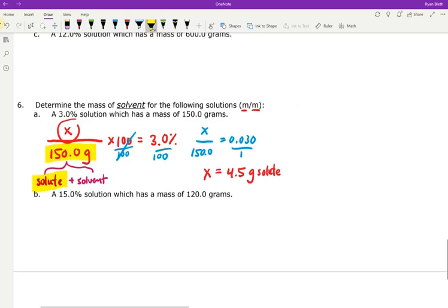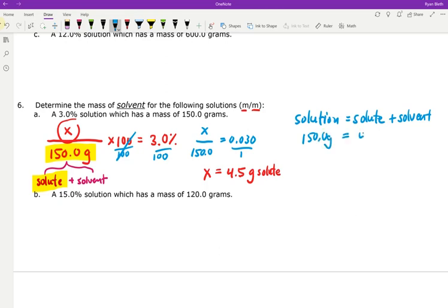And so if I think about my definition from back in the notes at the beginning of this unit, solution equals solute plus solvent, taking the definition from our notes and turning it into an equation, then I can say that 150 grams equals what we just calculated, 4.5 grams, plus the solvent, which is the part that we're interested in here for question 6. And then to solve it, I simply subtract 4.5 grams from both sides to get that solvent on its own.